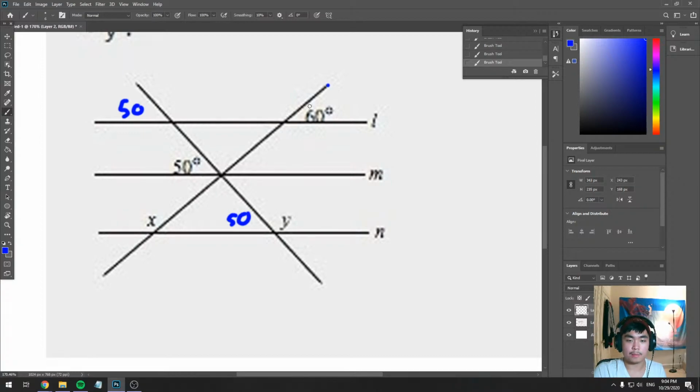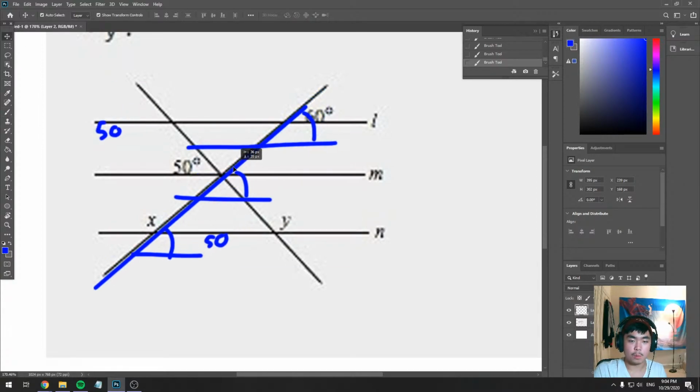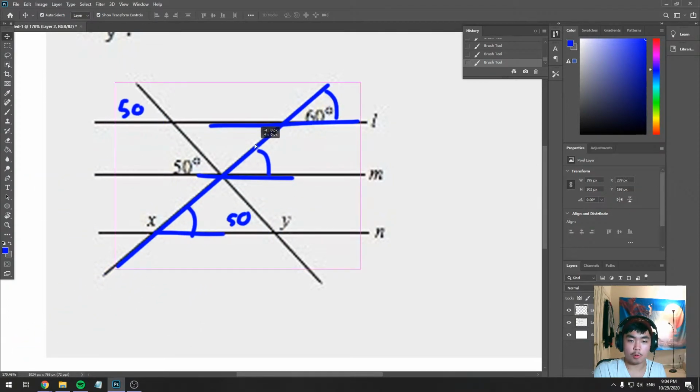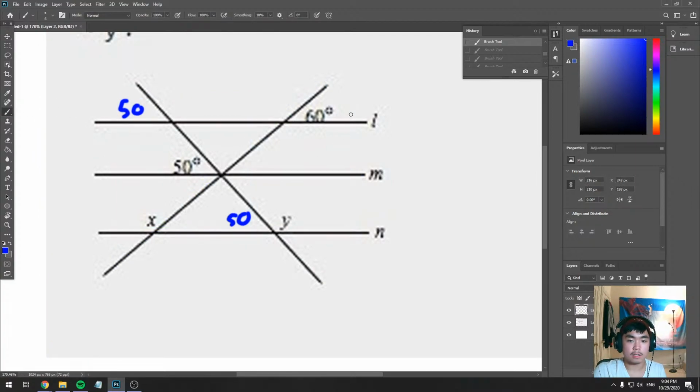Same thing here, parallel line, parallel line, parallel line. This corresponds to this, corresponds to this. If I were to move these down, that's exactly what they would be. They would all be 60 degrees. So this is 60 degrees, this is 60 degrees.